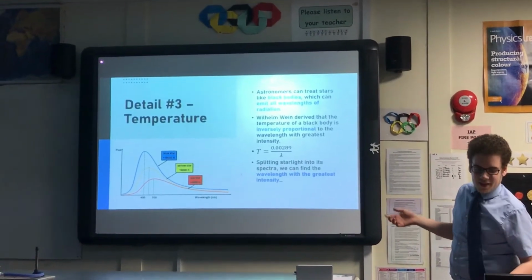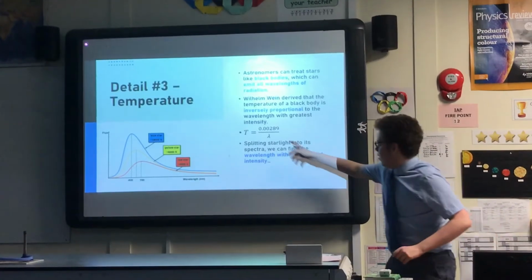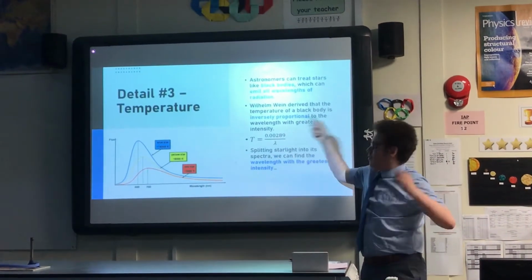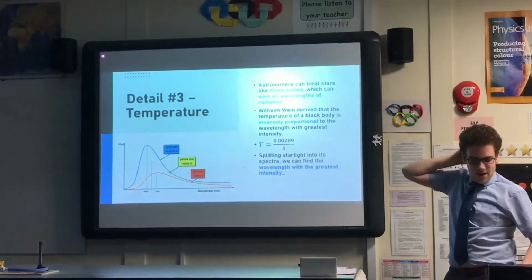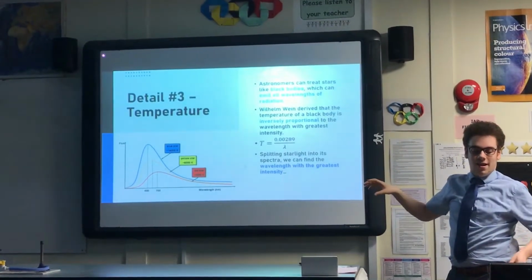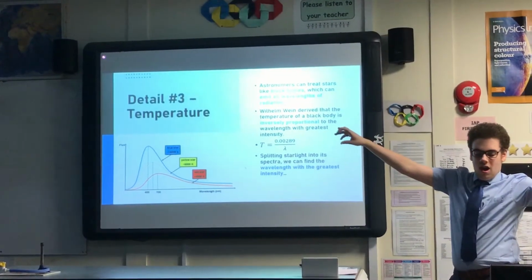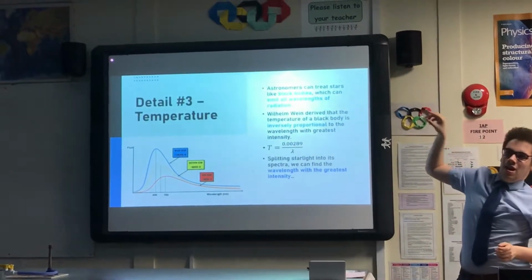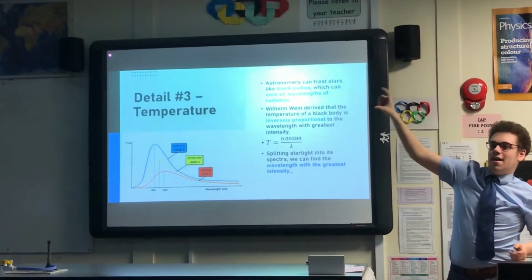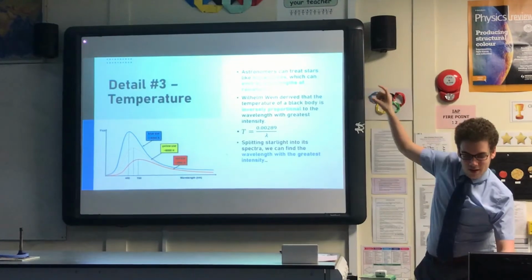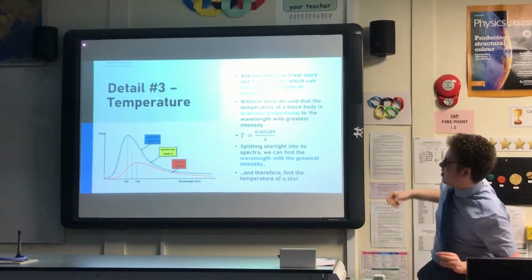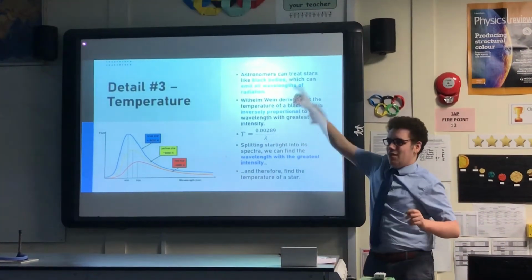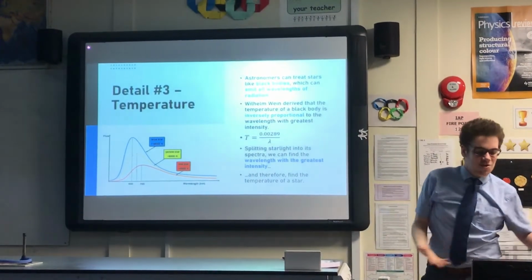So if we split the starlight into its spectra, and we see, oh, this wavelength right here has the greatest intensity, we can use this formula with that wavelength, and we can find out the temperature of the star.